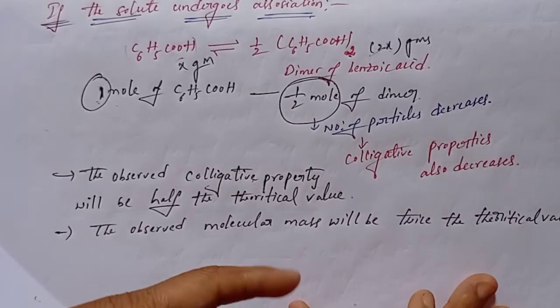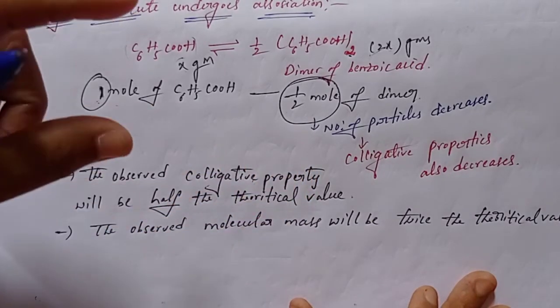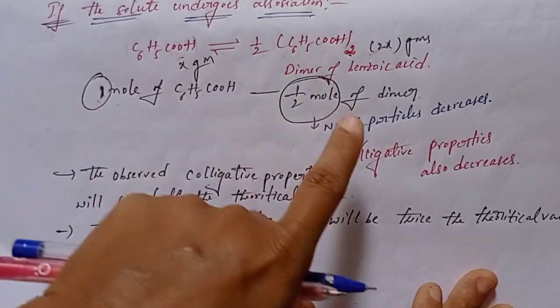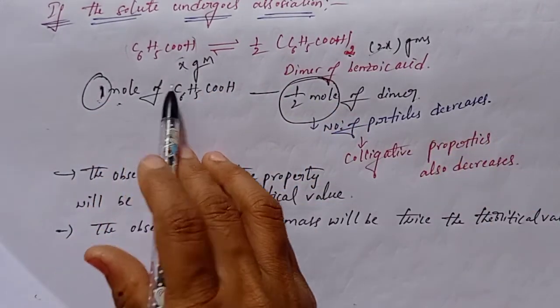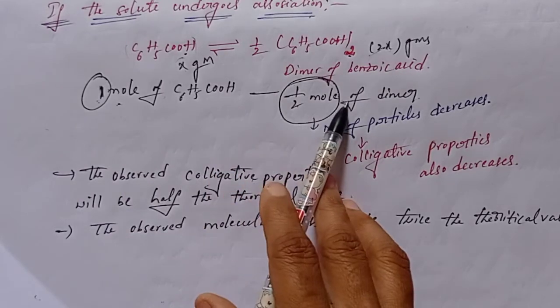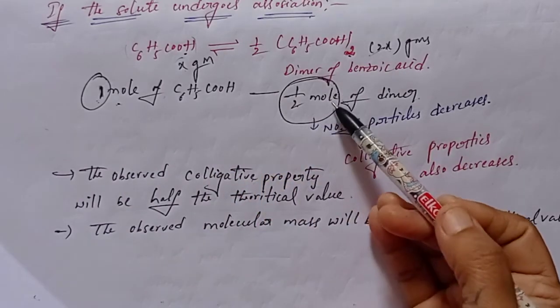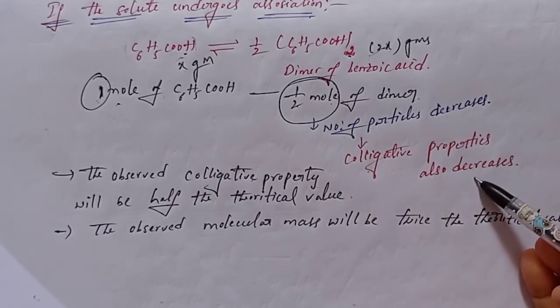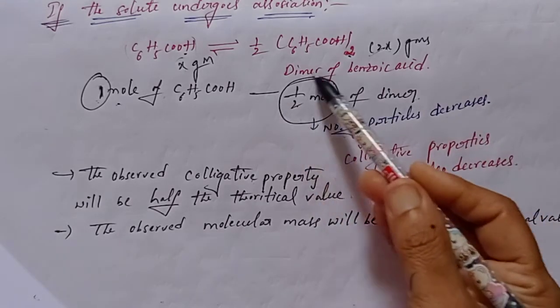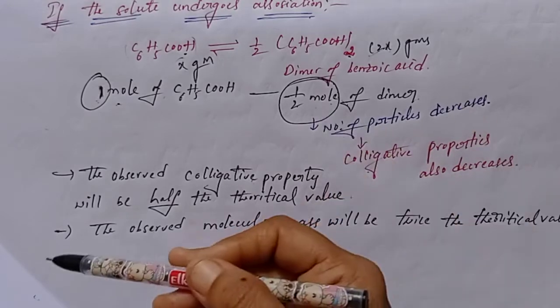Understood? So the observed colligative property mainly depends on the number of solute particles. Here 1 mole of the particles becomes half mole. That means the number of particles decreases, it becomes half, and colligative properties also decrease. So the observed colligative property will be half the theoretical value.